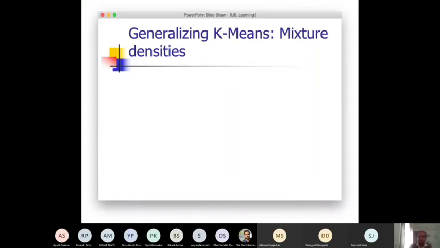We'll continue our discussion on unsupervised learning. In the last class, we discussed the k-means clustering algorithm.